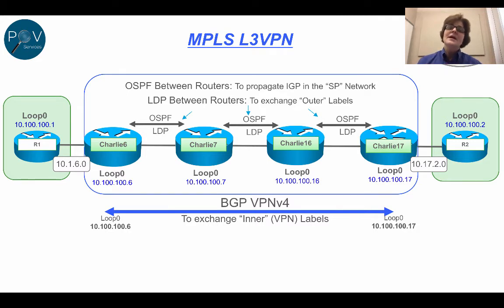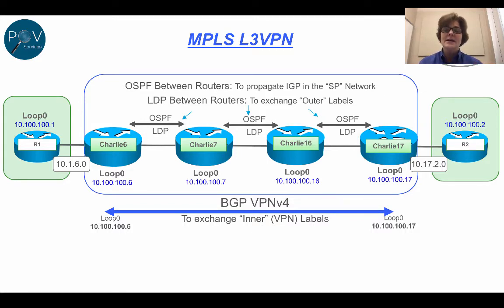MPLS can really swap and label switch any packets that have labels in them, regardless of who puts them in there. Could be LDP, could be BGP, could be RSVP, or traffic engineering tunnels. So it truly is multi-protocol.